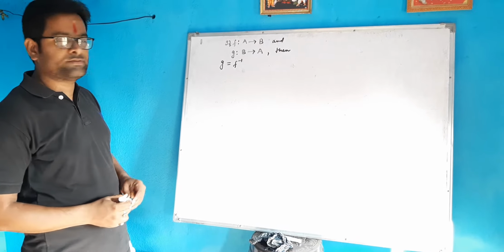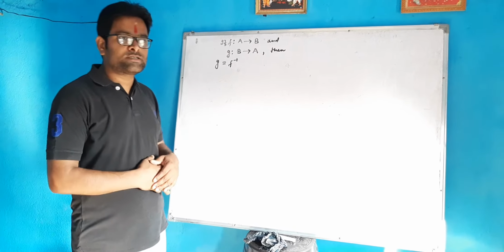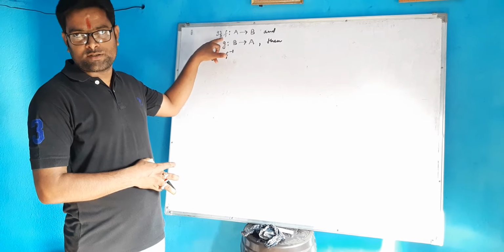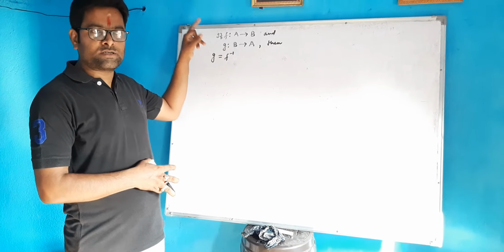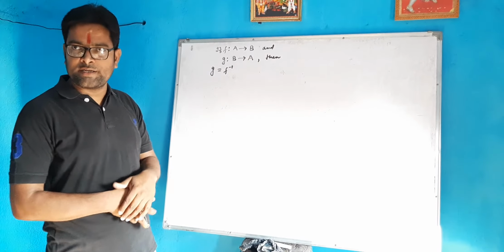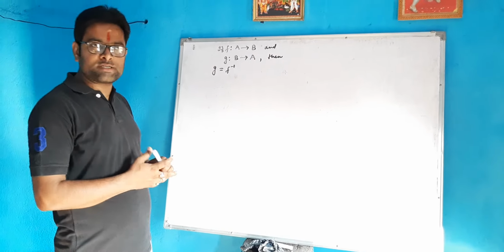It is the definition. In this case, function f is one-one and onto also, and gof of x is equal to x and fog of y is equal to y. Two conditions are satisfied.